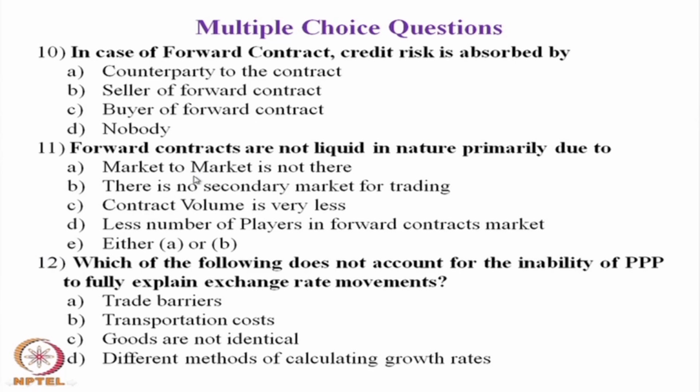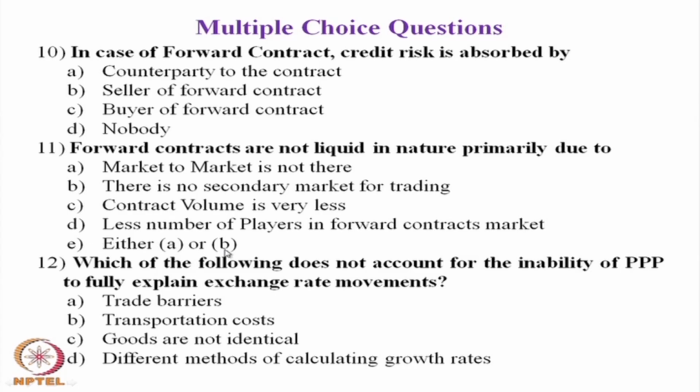Either mark to market is not there, or there is no secondary market for trading. So either A or B. In the forward market, mark to market is not there, and similarly there is no secondary market. So, question number 11, the answer is E, either A or B.